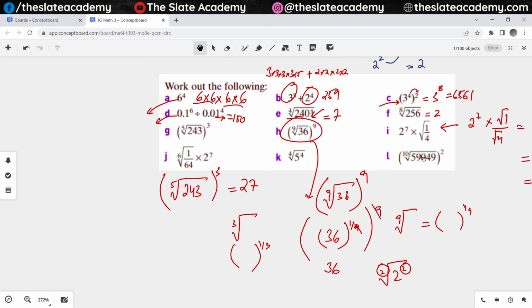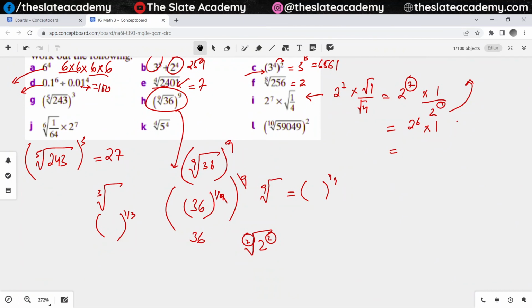And this one, first root 10 and then power 2. So I can write it as 59049 to the power 1 over 10, to the power 2, right? If you want to do it in reduced steps, perhaps on the calculator, powers on top of each other multiply. So 2 ones are 2, 2 fives are 10.